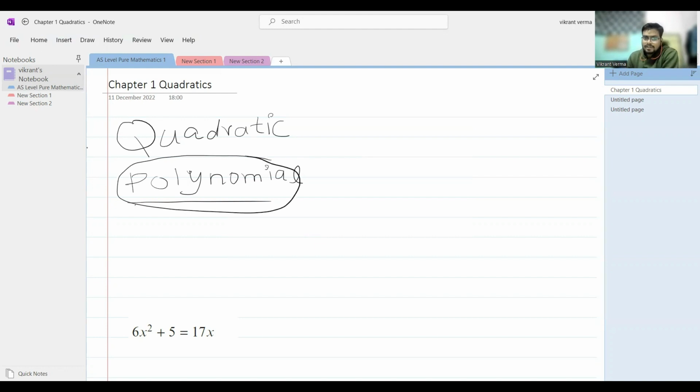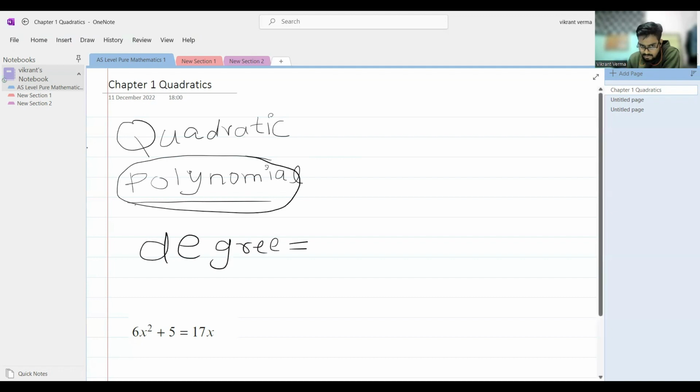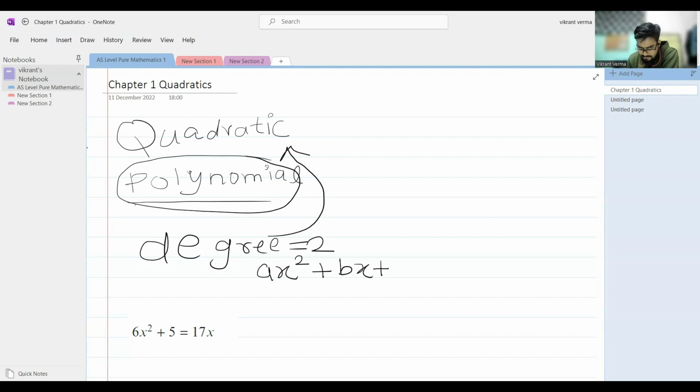It will depend on the degree of that polynomial. For example, if the polynomial has degree equal to 2, then that particular polynomial will be known as a quadratic polynomial. A general degree 2 polynomial looks something like this: ax square plus bx plus c.